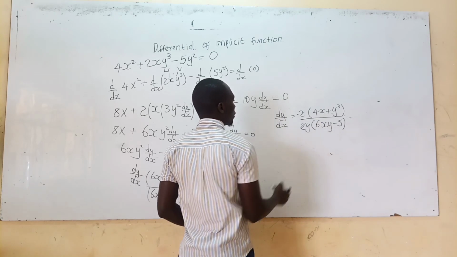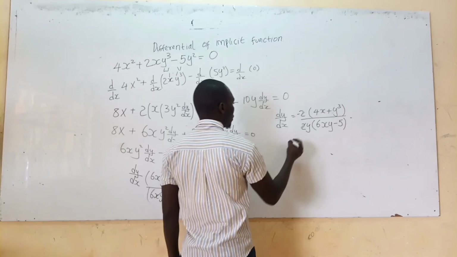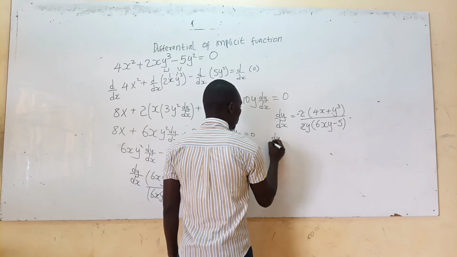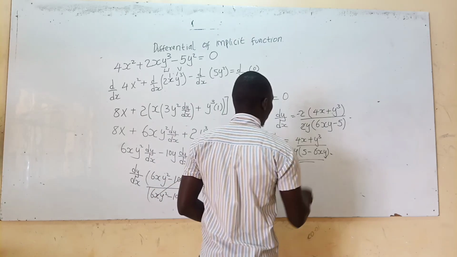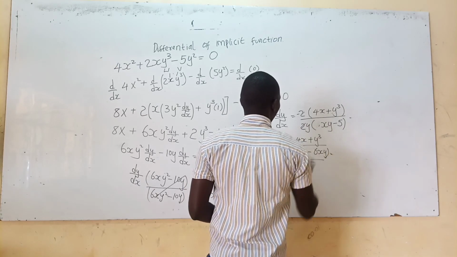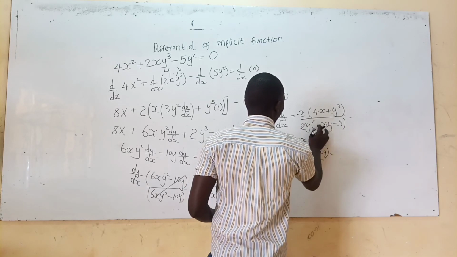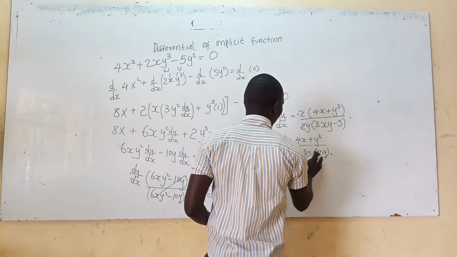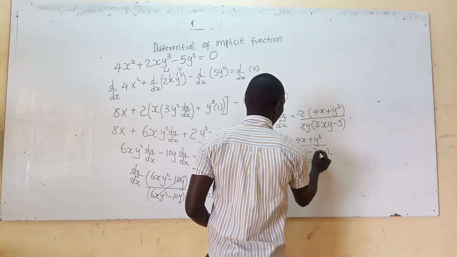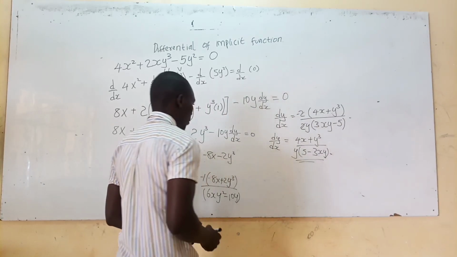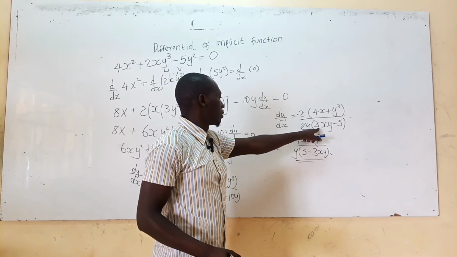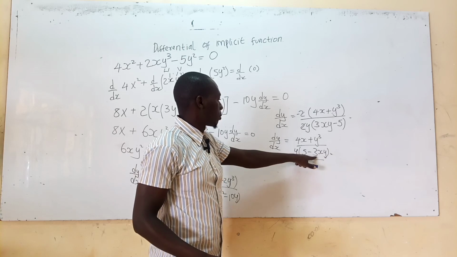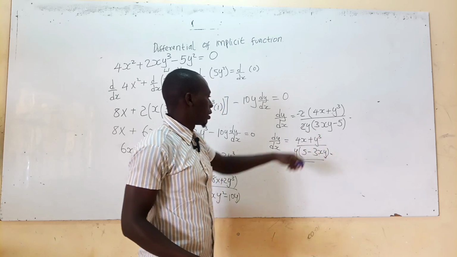This one and this one will cancel out, and we can have dy with respect to dx. So this is the only place that was having a problem here, for factoring out 2.